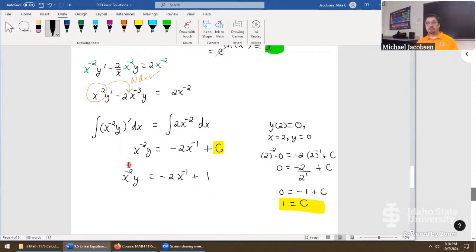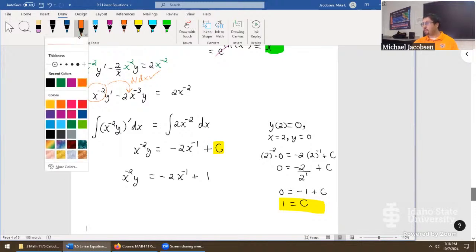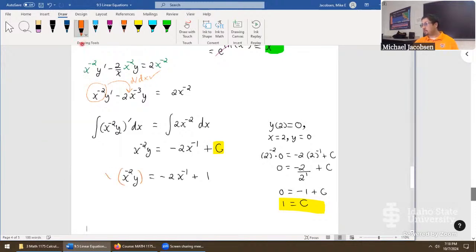You could divide by x^-2 if you like, or I think the slicker way to visualize it is multiply both sides this way. Multiply by x squared here, x squared here. Then on the left, you just get the function y, so y is now solved. On the right-hand side, distribute x squared in from the right, you get -2x plus x squared. So finally, that's our solution to that differential equation.